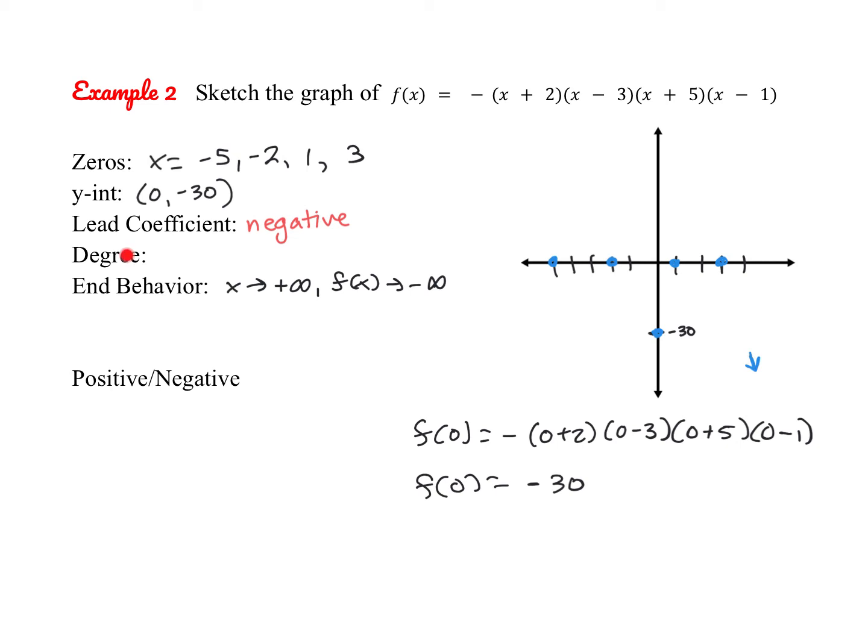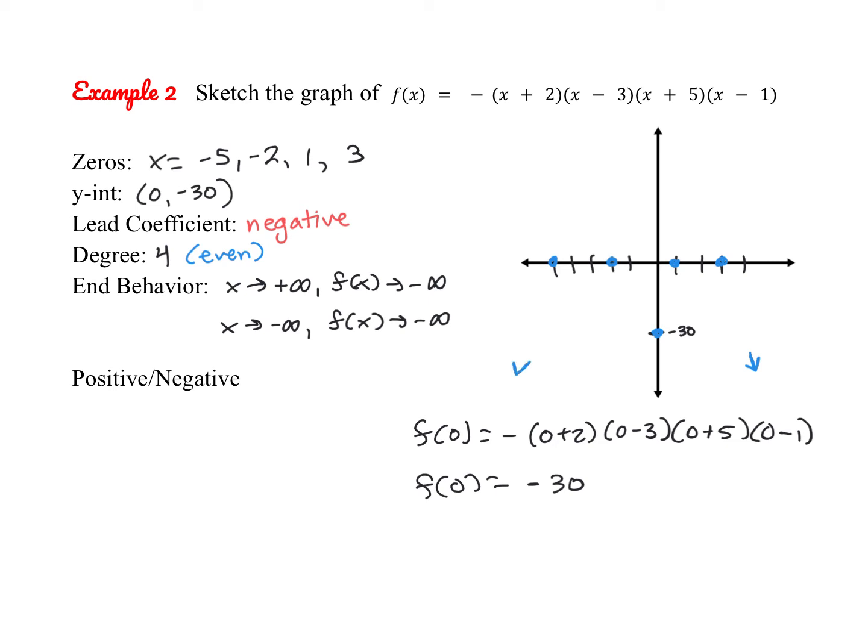Now we're going to look at the degree of our function, which really is just counting up how many zeros we have. We have 4 zeros. So if we multiplied this out, we would have a term that said x to the power 4. So our degree is 4. Now, since our degree is even, that means our end behavior is going to match. So as x approaches -infinity, f of x will also approach -infinity.